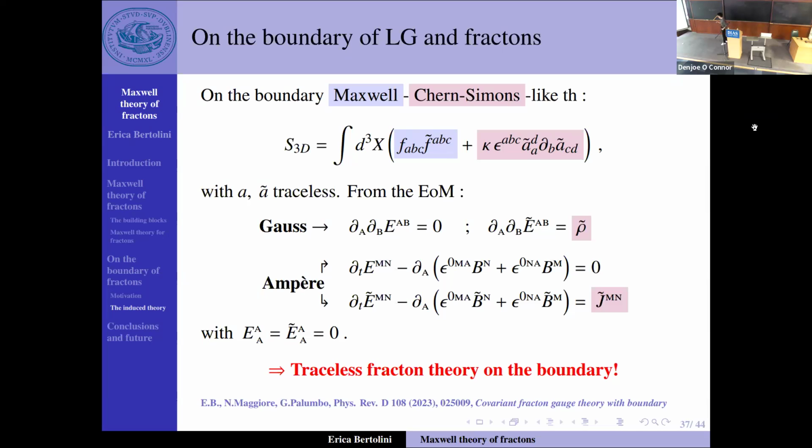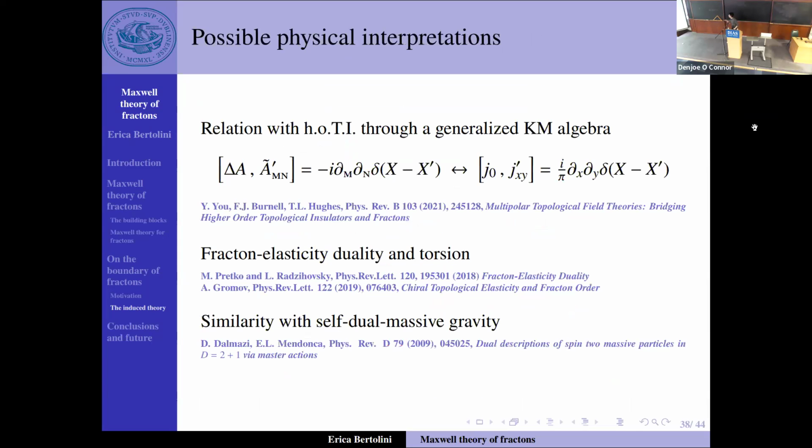And so here again we have some kind of traceless fractal theory. So I was saying this already. And here we have indeed a relation with higher order topological insulators through this generalized Kac-Moody algebra, which is of the same kind that was found in this paper when they were searching for these states.